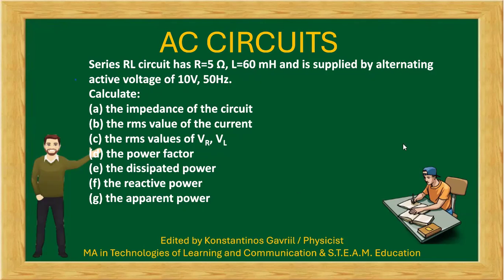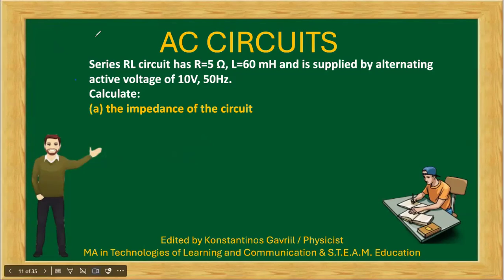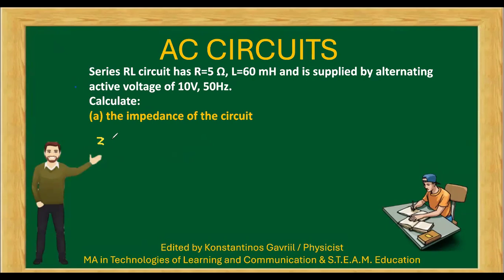So let's start step by step. The impedance of the circuit equals Z, the square root of R squared plus XL squared.